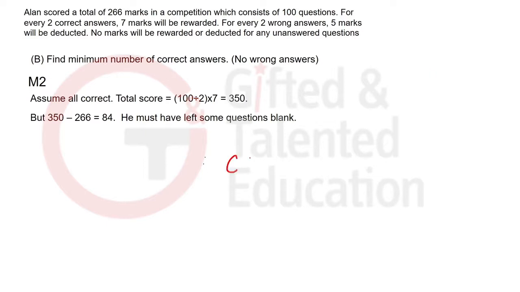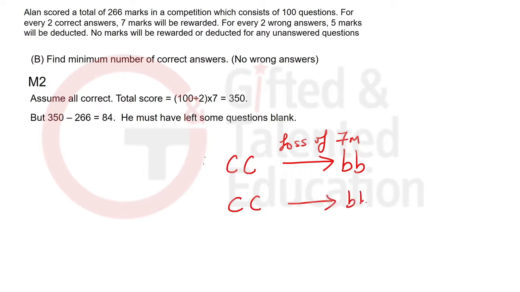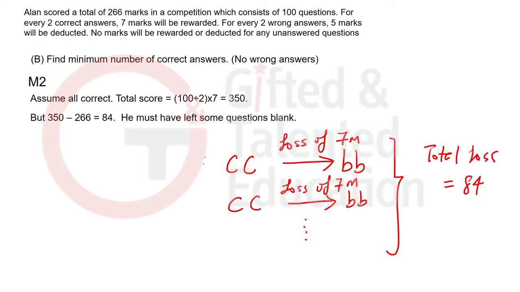Observe that given 2 correct answers, if I replace them with 2 blank answers, there is a loss of 7 marks. If I again replace 2 correct answers by another 2 blank answers, there is also a loss of 7 marks, and so on and so forth. I know that the total loss is equal to 84 marks as a result of leaving some questions blank.